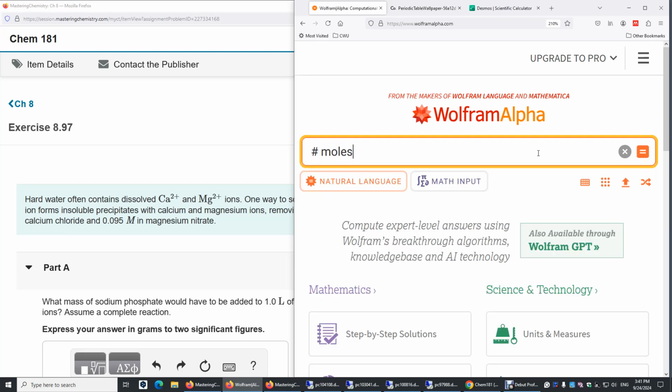The number of moles of calcium 2+ and magnesium 2+, versus the number of moles of Na3PO4, should be 3 to 2.